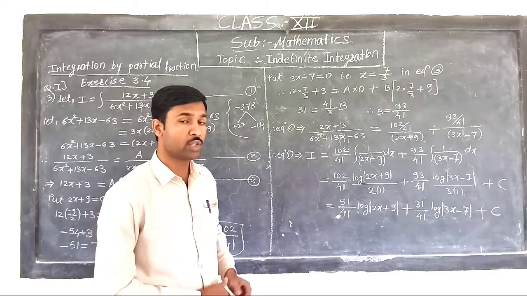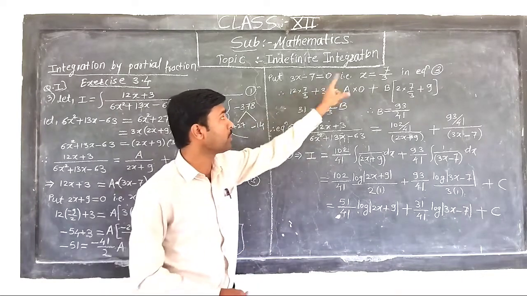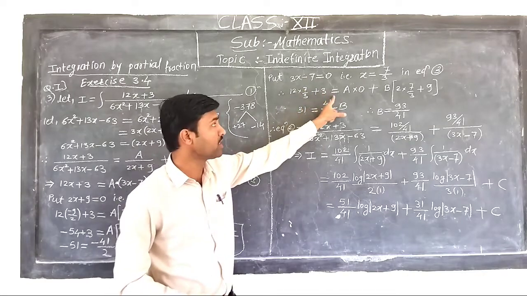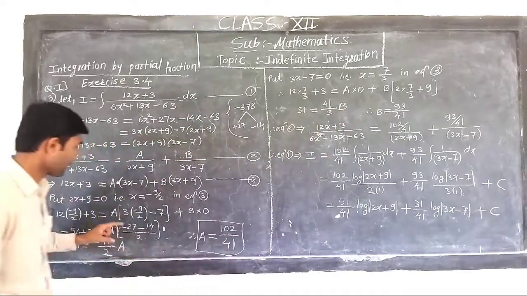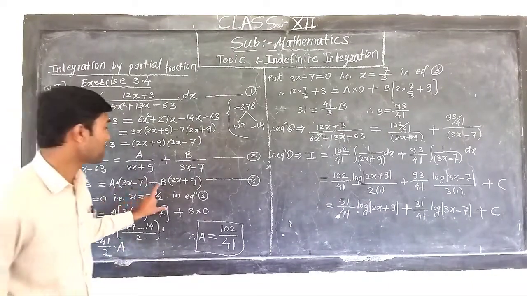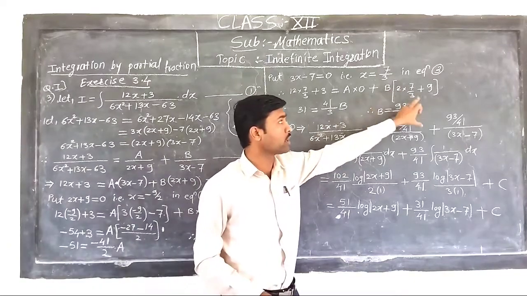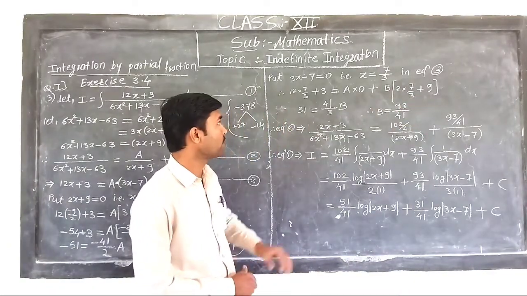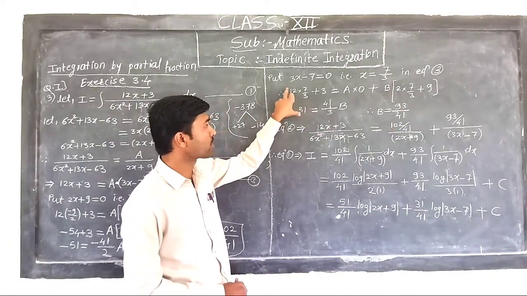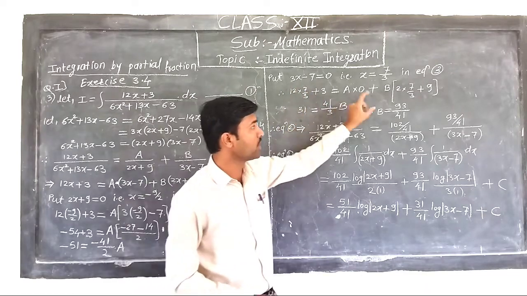After putting this value of x in equation 3, we get 12 into 7 upon 3 plus 3 equals a into, as 3x minus 7 is 0, so a into 0, plus b into, after putting the value of x, 2 into 7 upon 3 plus 9. After solving this, we get 3 4s are 12, 4 7s are 28, 28 plus 3 is 31, and this one is 0.